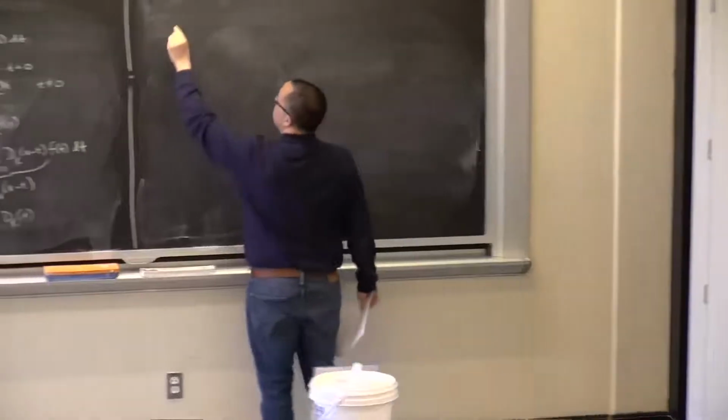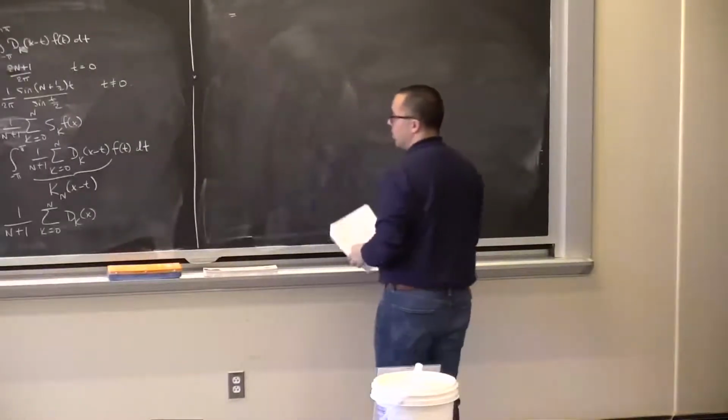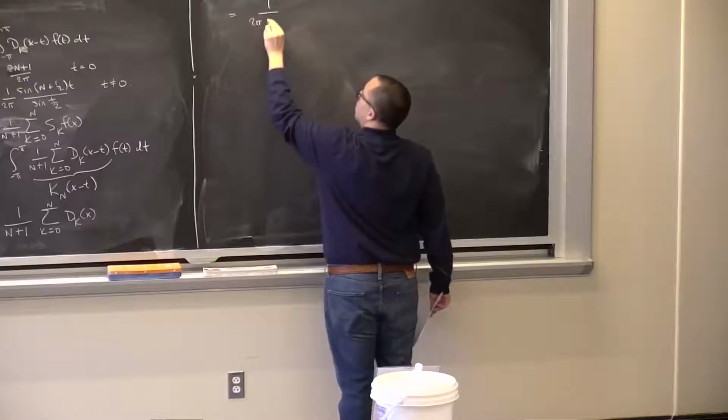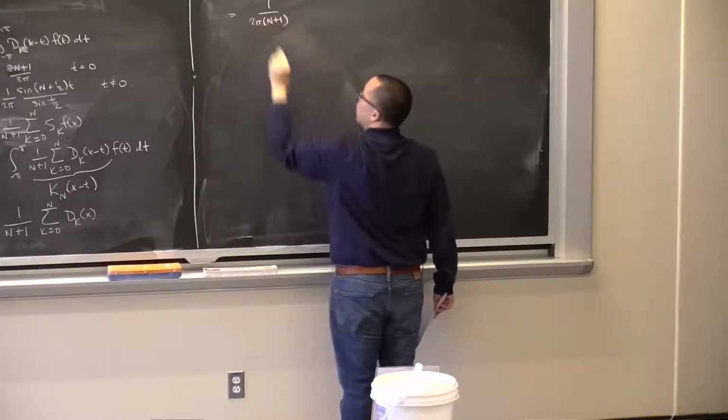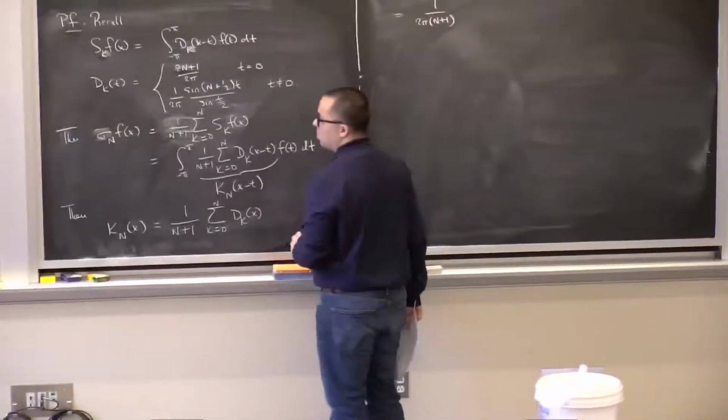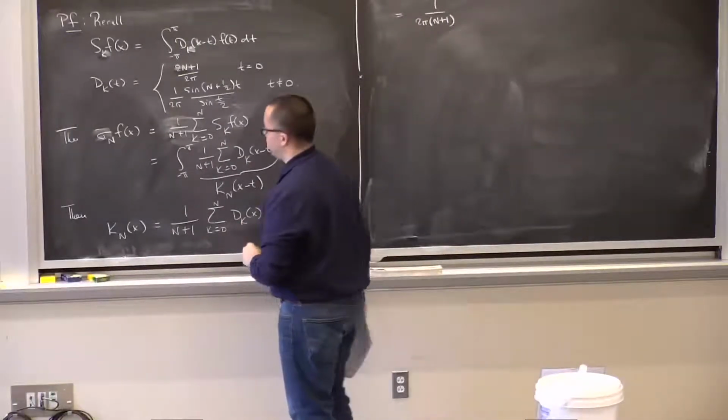So I can write this as 1 over 2 pi times n plus 1, and I will look at the case that x is non-zero.